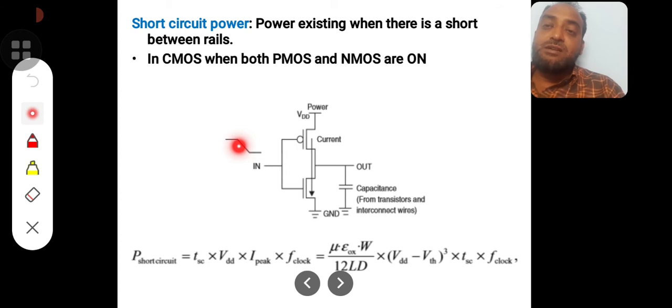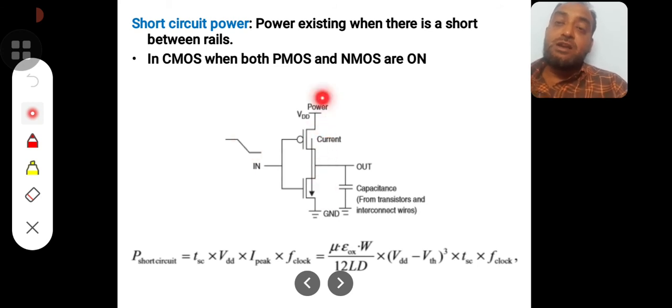At that time the short circuit will be established between supply and ground through the PMOS and NMOS transistors. When it goes down 3.5, 3, 2.5, 2, then 1.5, till 1.5 both the devices will be on, and the short circuit is continuously giving power dissipation. When the input falls below 1.5, the bottom pull down network will become open circuit, stopping this short circuit and the power dissipation.